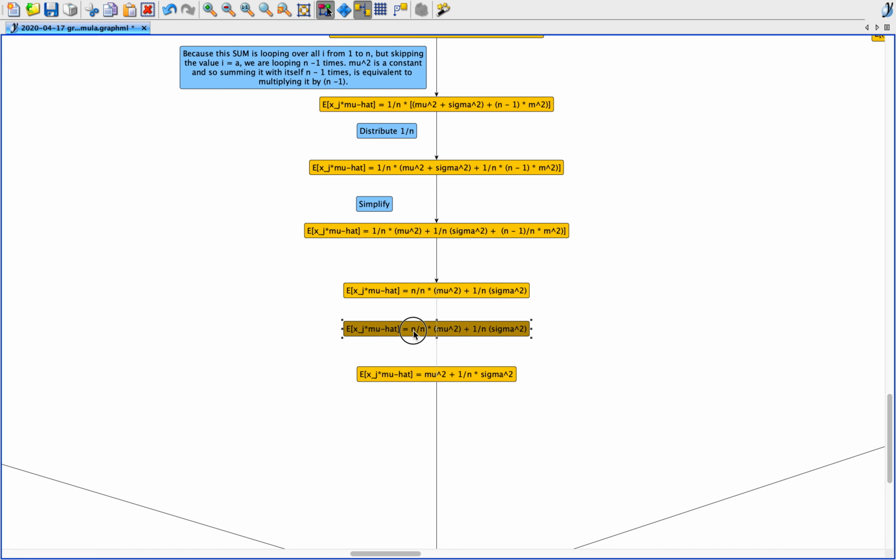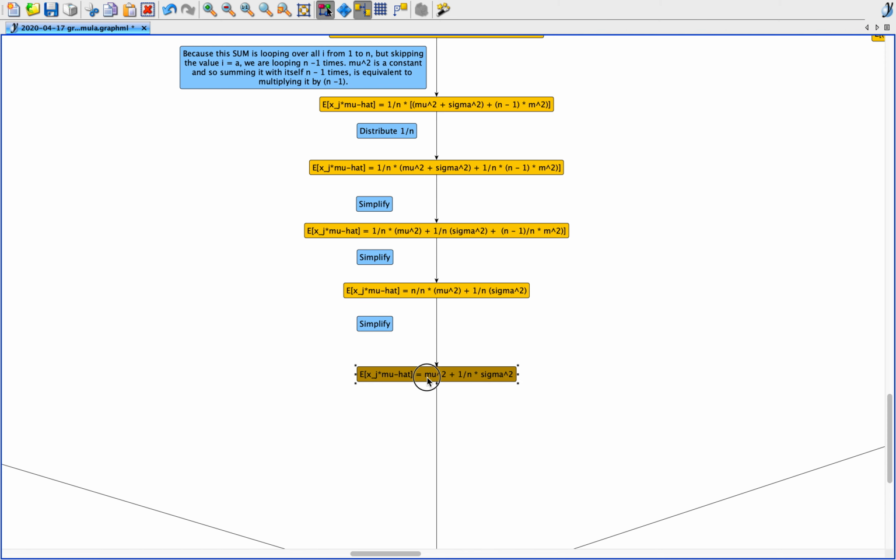So we have 1 times mu squared plus 1 over n times sigma squared.